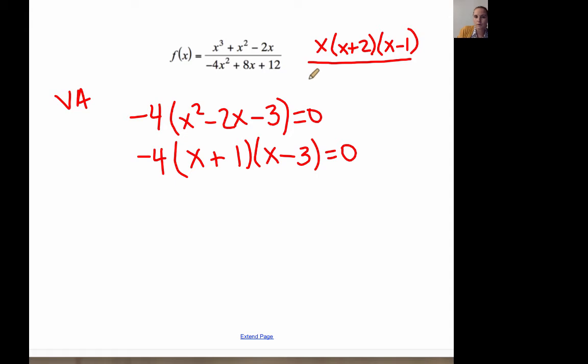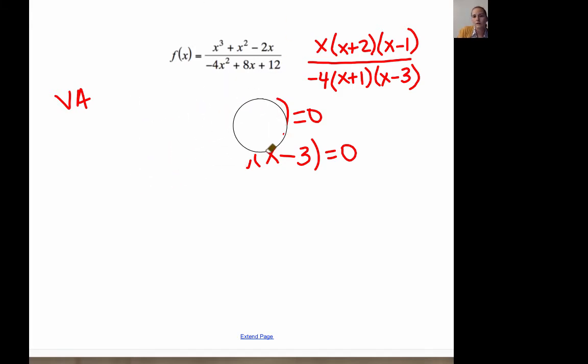So I'm going to go back up here and rewrite it. Negative 4 times x plus 1 times x minus 3. That's the factored form of the denominator. Now, what we look at in the denominator, our factored form gives us our vertical asymptotes.